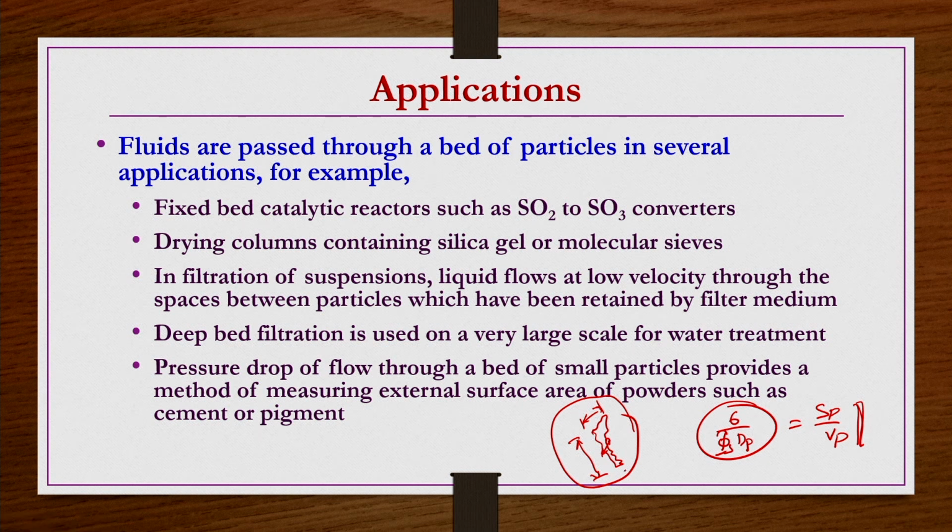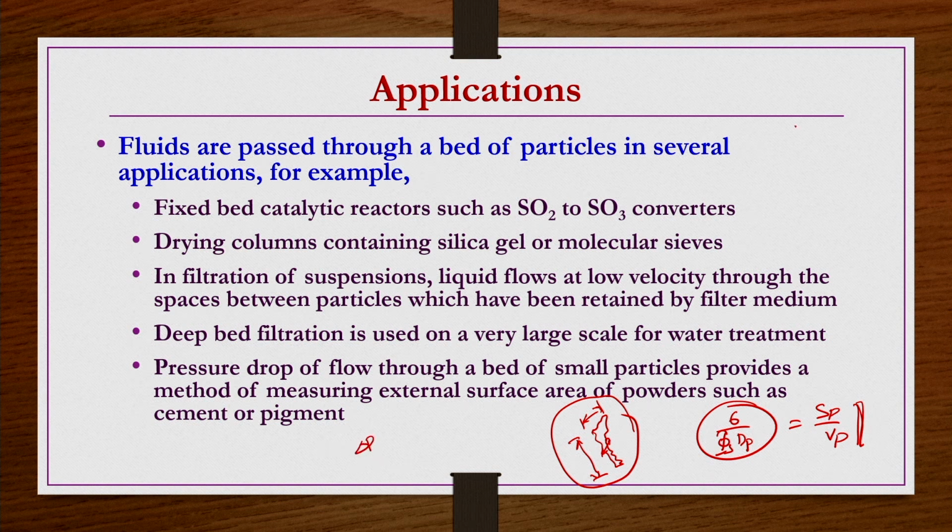Because of these reasons, finding the Sp by Vp ratio is in general very difficult for very fine and irregular particles. So, what we can do is find the overall Sp by Vp from pressure drop calculations.